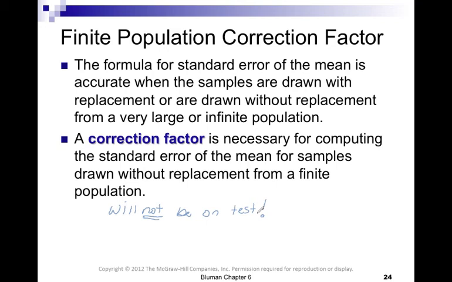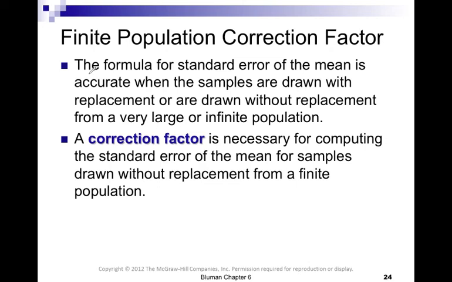So if you have a finite population, if they give you a sample of 40 out of 100, well, that's a pretty healthy percentage of that population. It's large enough that you would probably have to have this correction factor.